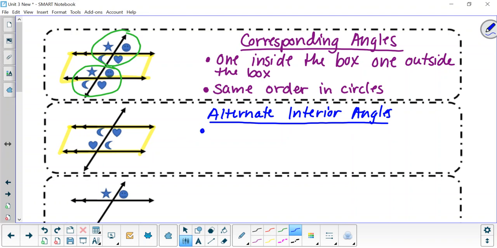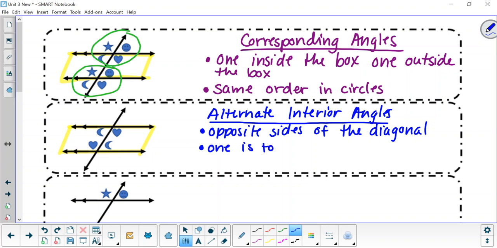Alternate interior angles, they are on opposite sides, opposite sides of the diagonal. One is at the top, one is at the bottom, and both are inside the box.